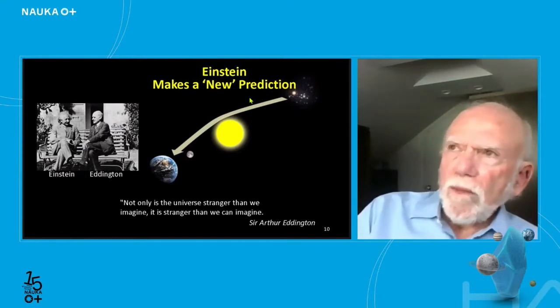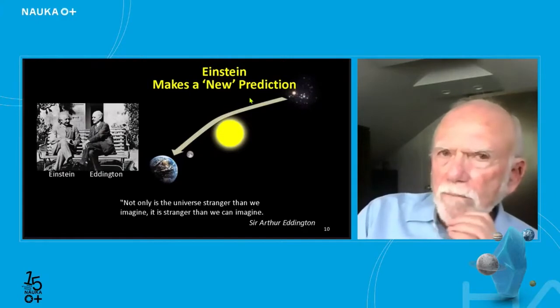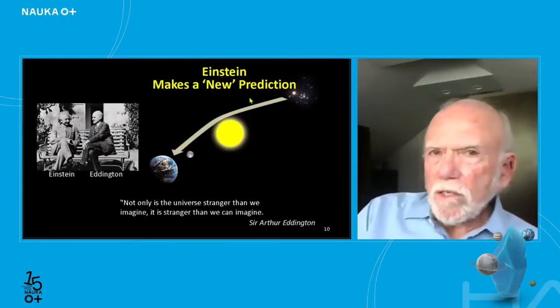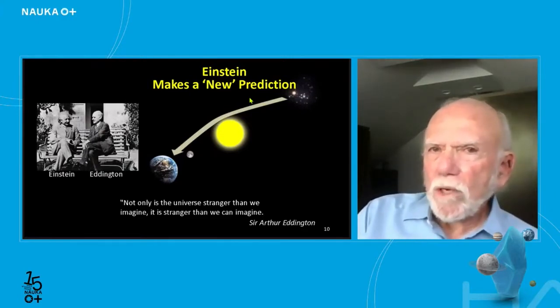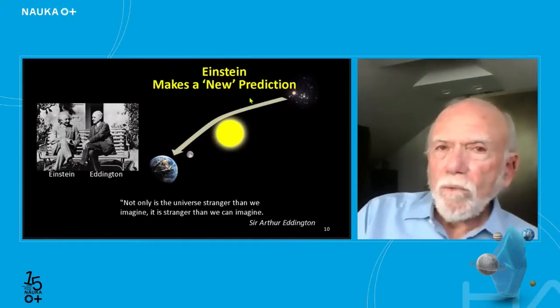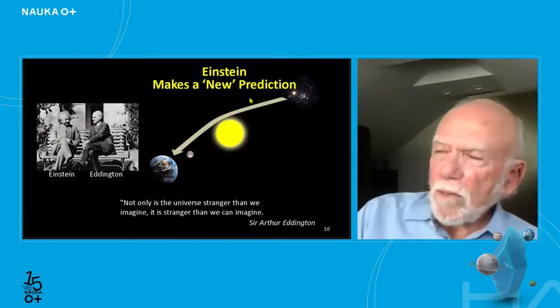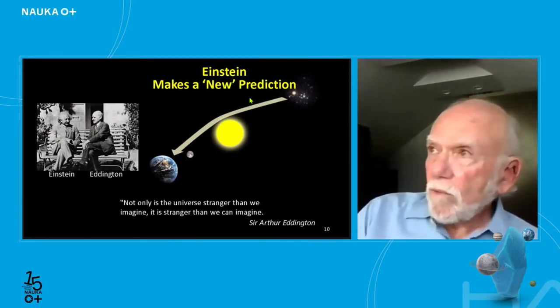He also figured out a way to test that, and that is if we look at the sun and there's a star or stars behind the sun, the light from those stars, if they graze the sun, will curve a little bit. And he could even calculate how much. He knows the mass of the sun and so forth.